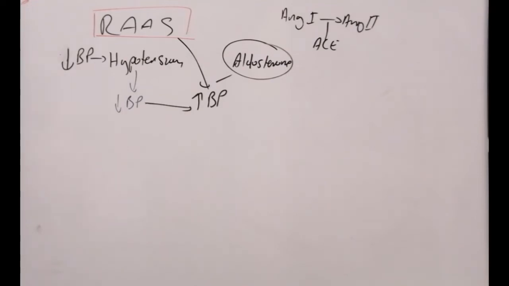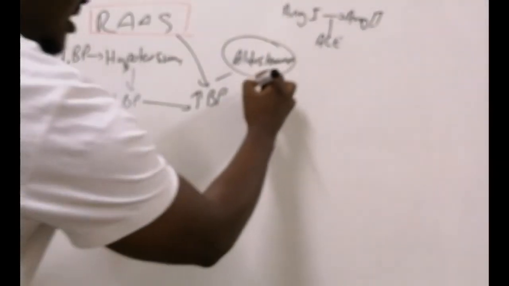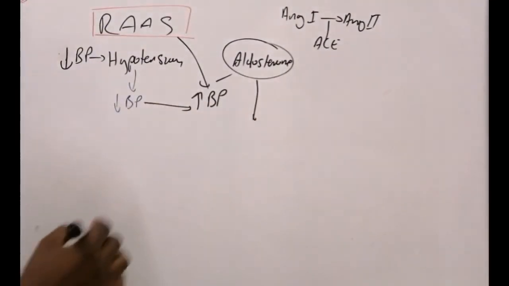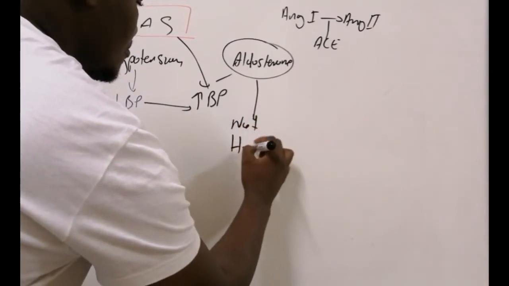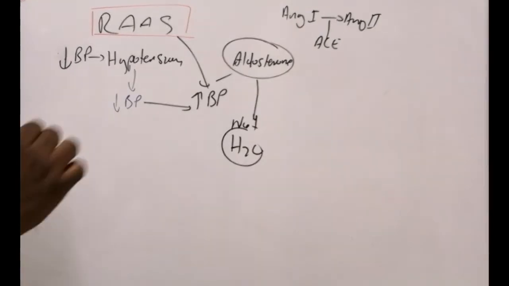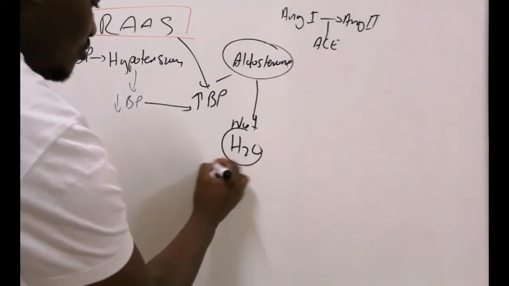So guys, please be with me here. Aldosterone will exert its effects, causing the reabsorption of sodium, and then water will follow. When enough molecules of water have been reabsorbed, blood volume will increase.